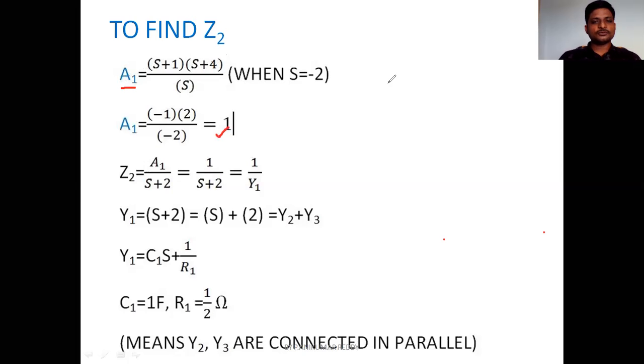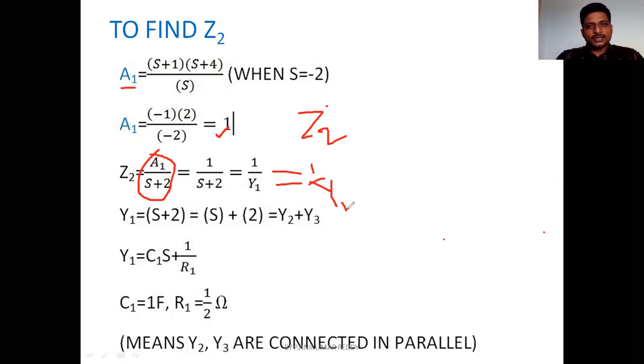If you substitute a1 equal to 1, you can write Z2 is equal to a1 by s plus 2, which is 1 by s plus 2. We can assume that it is in the form of 1 by Y1.